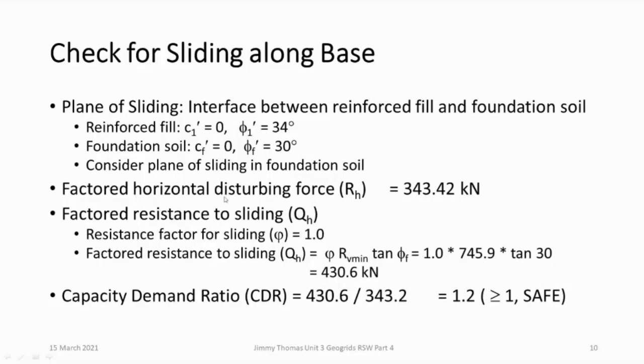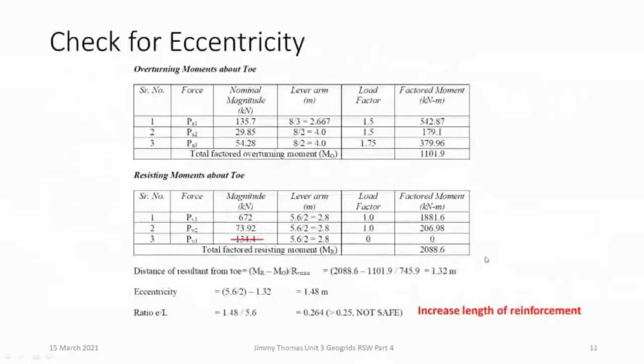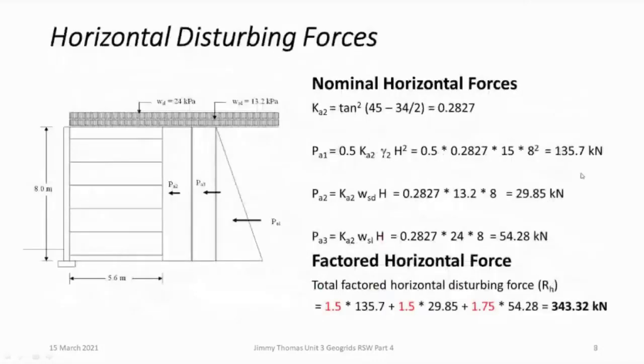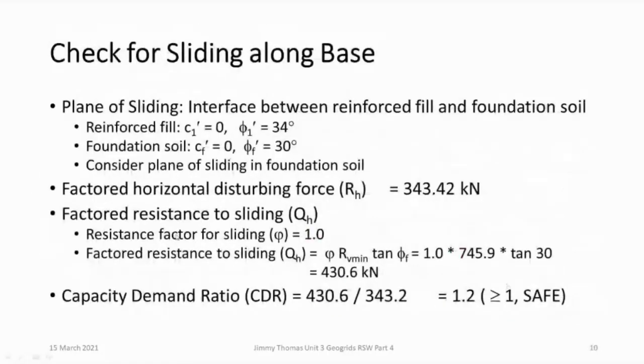The factored horizontal disturbing force we have calculated earlier, which is 343.32, and the factored resistance to sliding is, here there is a resistance factor. For sliding, we take it as 1.